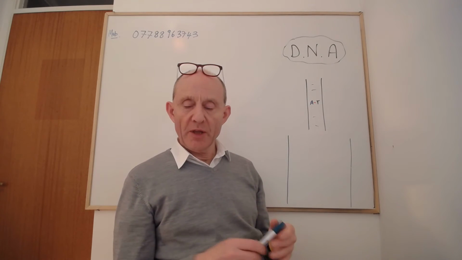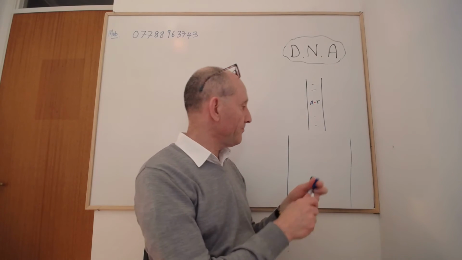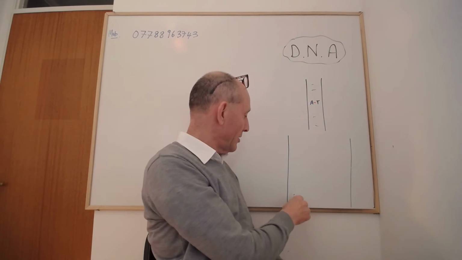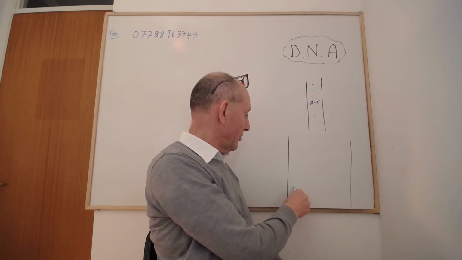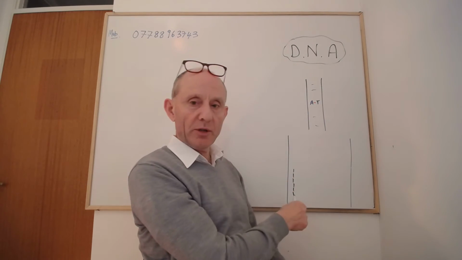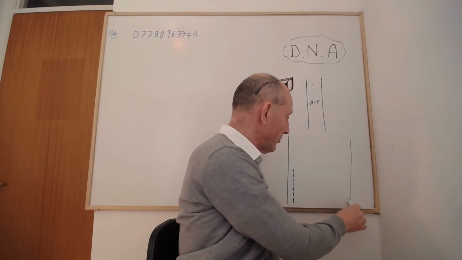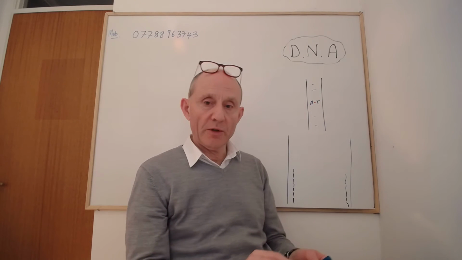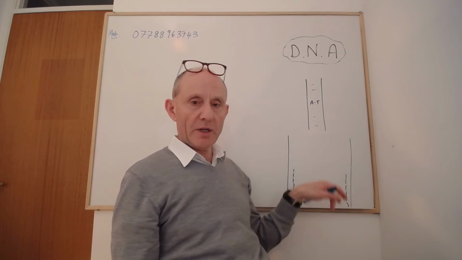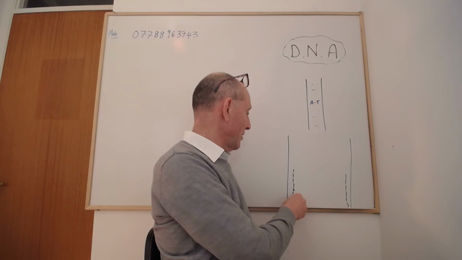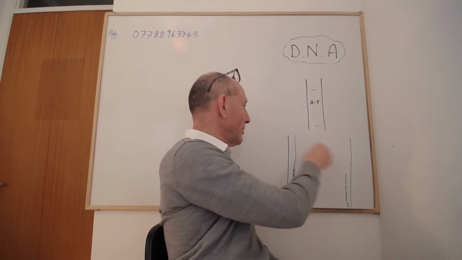And then what happens is that alongside each of these two separated strands, new nucleotides line themselves up. Eventually these nucleotides join together, and basically you've created two DNAs.